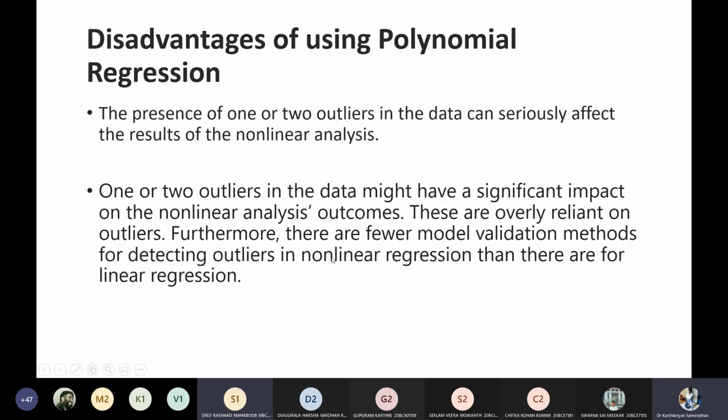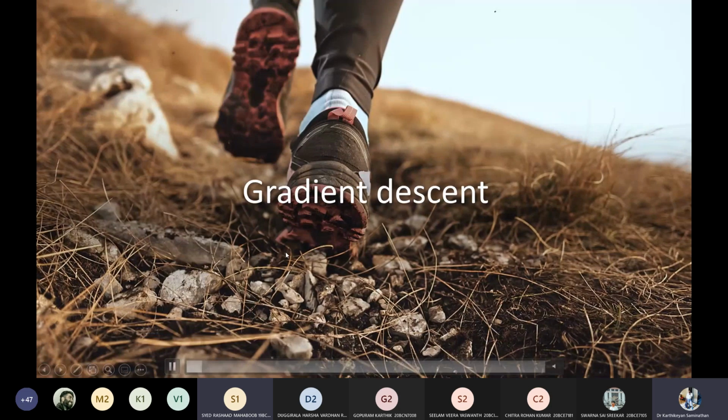The disadvantages are generally the presence of one or two outliers in the data, which can seriously affect the results of the nonlinear analysis. So we need to make sure that there are no outliers or missing values in the data set, or else it will affect the entire analysis, right? So this is how polynomial regression works.